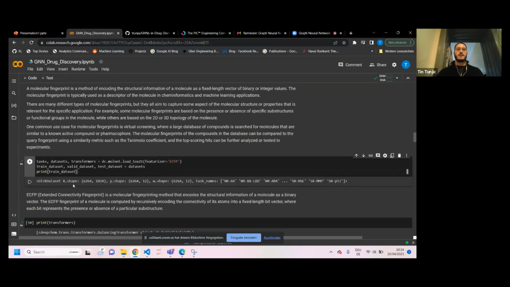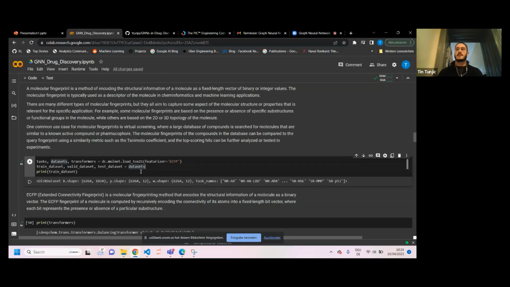So the featurized data are saved in this dataset object. And as you can see, we already have, for example, the training dataset, valid dataset, and test dataset, which was already split in this load Tox21. And you can see that for the training dataset, we have 6,264 rows, and each of those rows has 1,024 features, and those 1,024 are basically those molecular fingerprints.